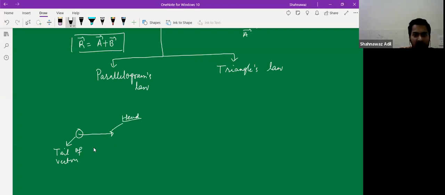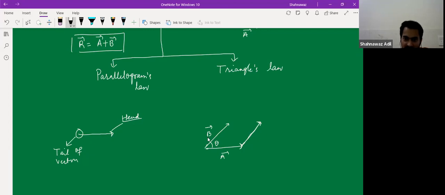So when you place them in the parallelogram law, this is one vector, this is the second vector. You take this B vector and draw a parallel B vector on the head of the other vector. So you take the tail of this vector here and draw a parallel exactly as B, on the head of this vector.